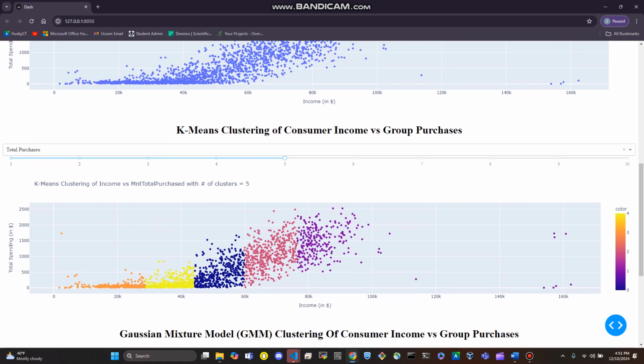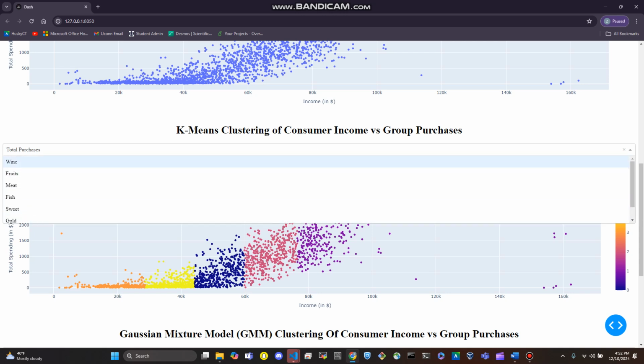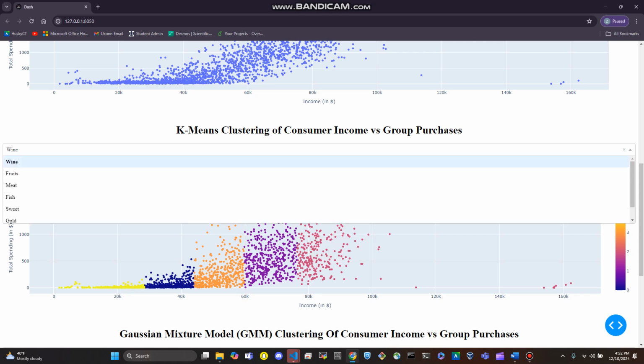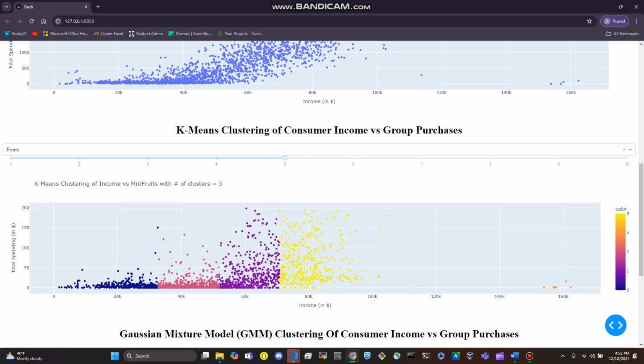All right, so let's take a look at k-means clustering. K-means was the first clustering algorithm that I used to categorize consumers into separate segmentations. Here we could actually cluster all of these subgroups and also the aggregated total group as well. We could take a look at wines and fruits first.